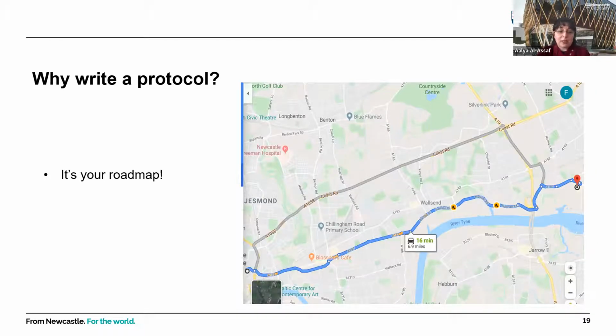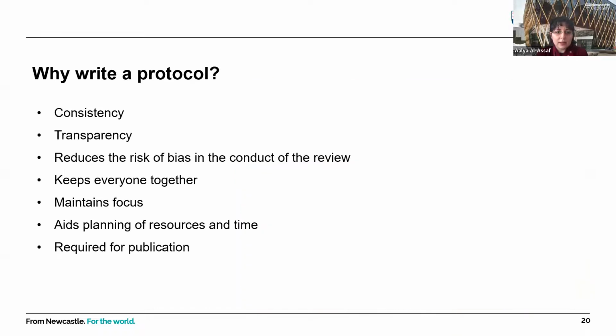As mentioned, it is your roadmap, and you need to specify the eligibility criteria, the inclusion and exclusion criteria. You need to be very clear about this, and remember, you will have to follow your protocol throughout the process of the systematic review. So you have to stick to the inclusion and exclusion criteria, and you have to follow every step you mention in your protocol.